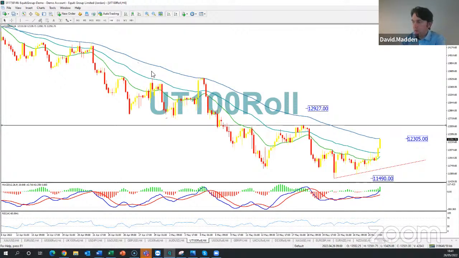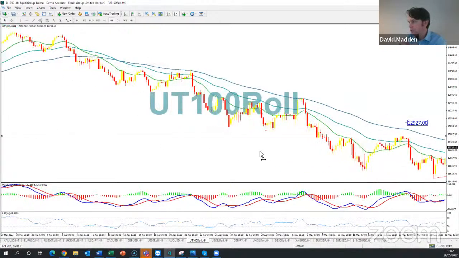I reverted back to the UT 100 because if you observe the price action in relation to the moving average, you can see which moving averages have been of importance in the past and which ones haven't. The one to really watch out for is the 100-period moving average.